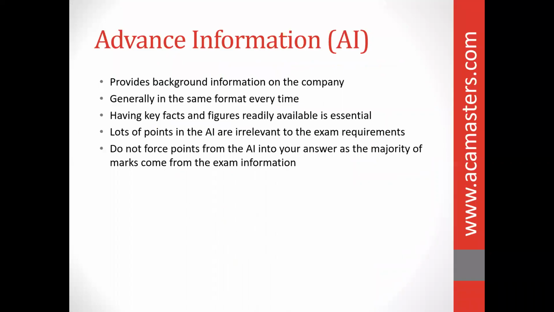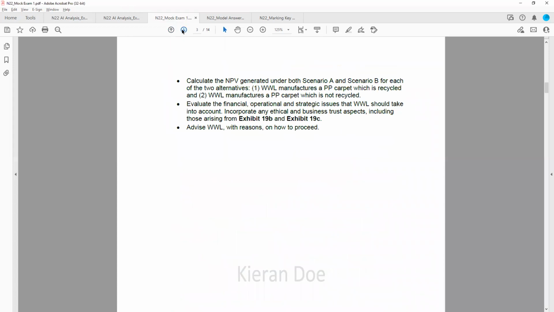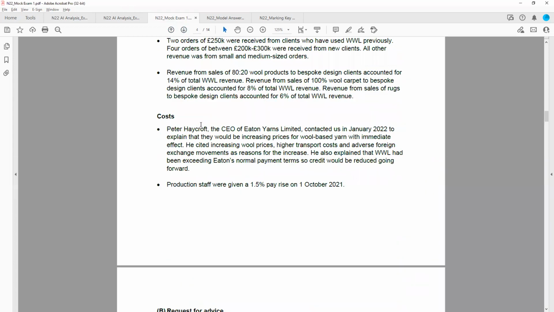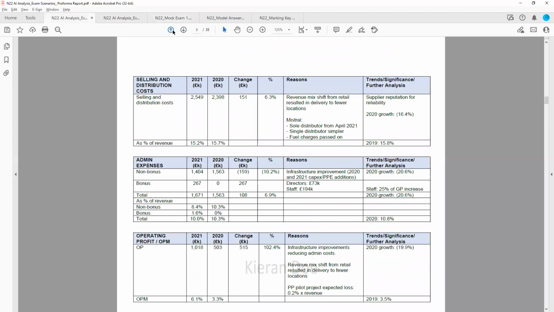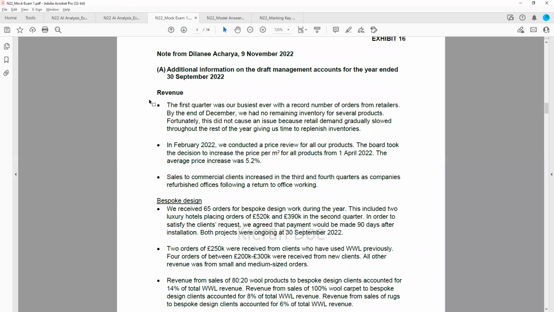And that is different, and that's the opposite of the exam paper information. So the new information that you're given on exam day is highly relevant, and you need to be using this information as much as you can in your answers. So with the AI information, only bring it in if it's clearly relevant to the requirement, whereas the exam paper information is almost always entirely relevant to the requirements.